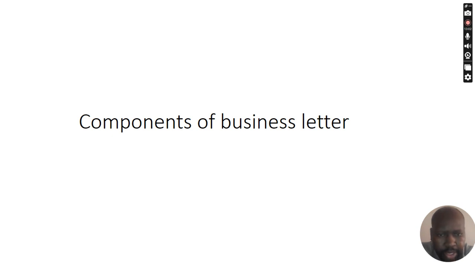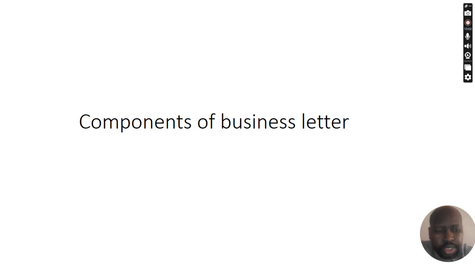The letterhead is the address of the writer. When you design it, you put together, number one, the address itself. You can put a business name and a business logo and information such as contact information: telephone number, email address, physical address, fax number.